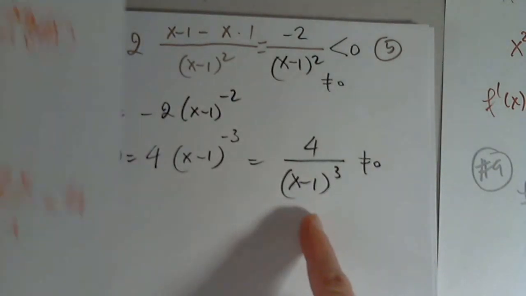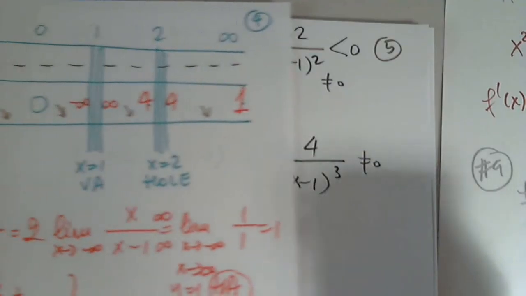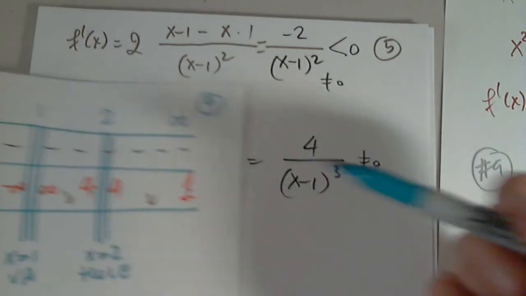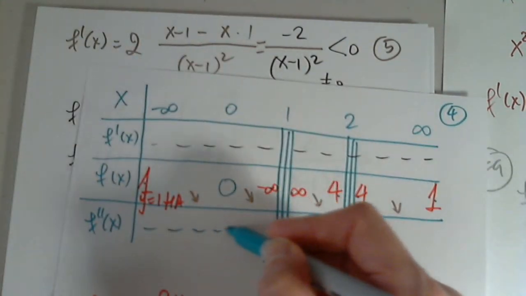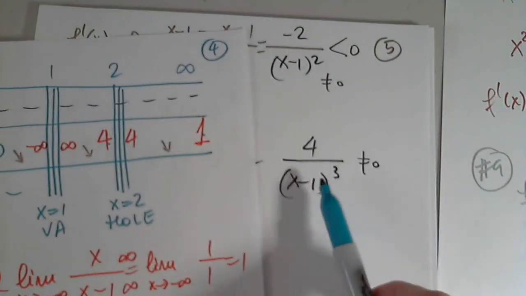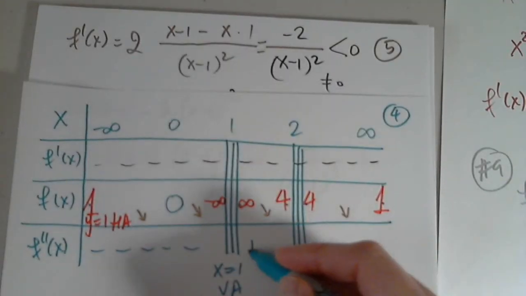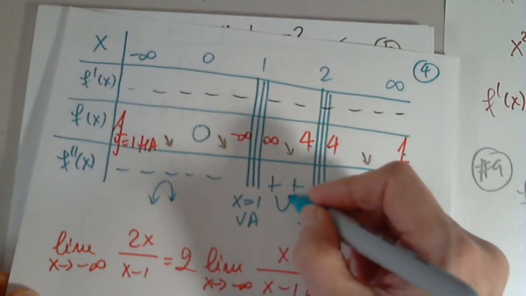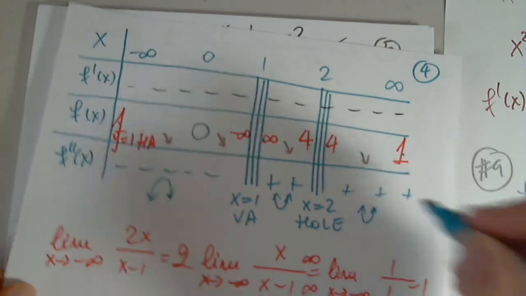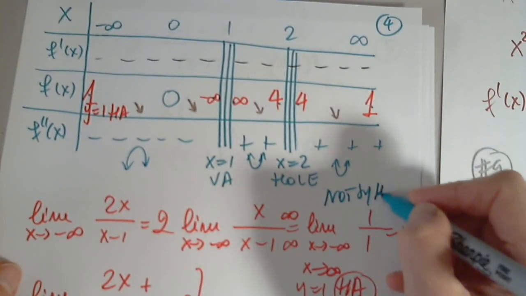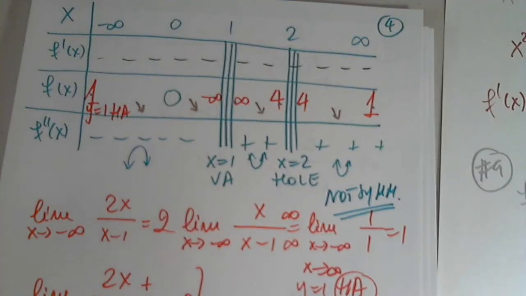But to the left-hand side of 1 it is negative, and to the right-hand side of 1 it is positive. Plug in any number. You will see to the left-hand side of 1, this quantity is negative. To the right-hand side of 1, this quantity will be positive. Which means this. And it's not symmetric. And that's it.